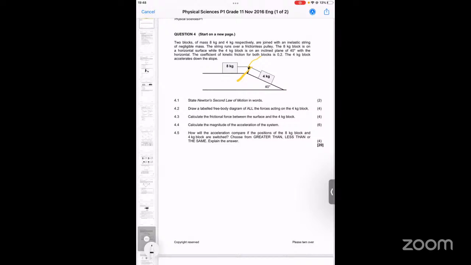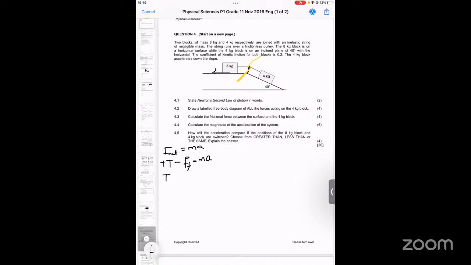On the 8 kg, what we know is that F net equals MA. All the forces acting on the 8 kg: towards the right, we have tension force. I'm going to minus because this force is acting in the opposite direction, and that is the frictional force. This will equal MA.